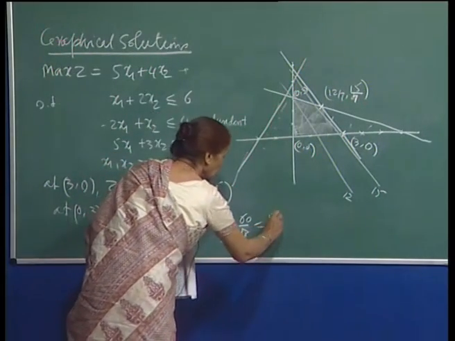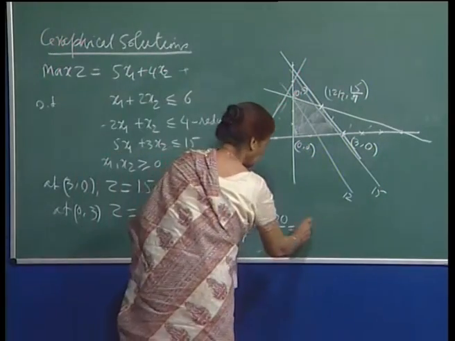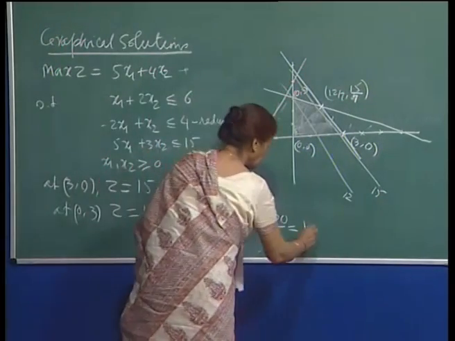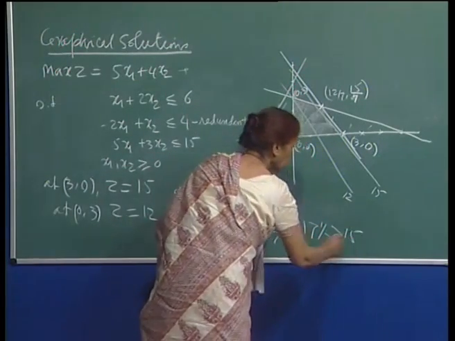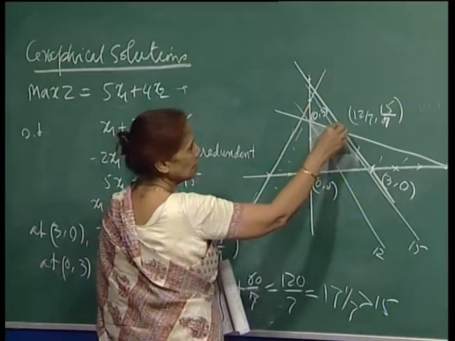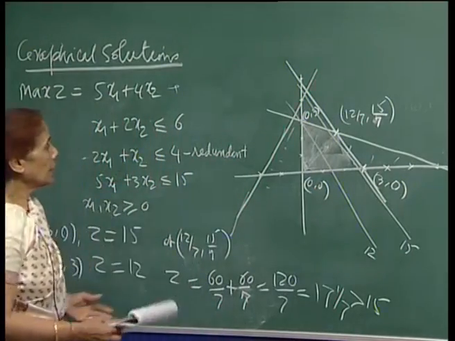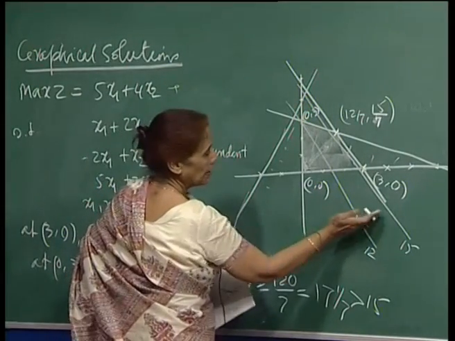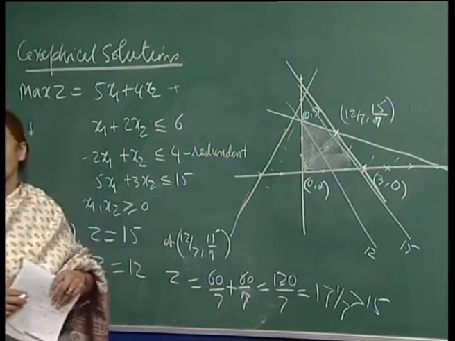So this is 120 by 7, which is more than 17. Right. So the value of the objective function is actually increasing in this direction, and when it hits this point, the drawing is not very clear, but anyway you can see that this plane is moving parallel to itself, and at this point it will be the maximum point.